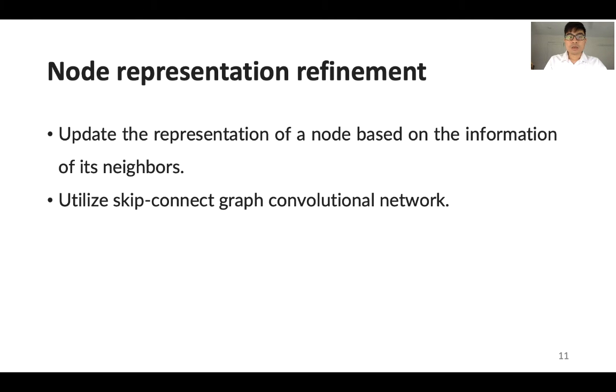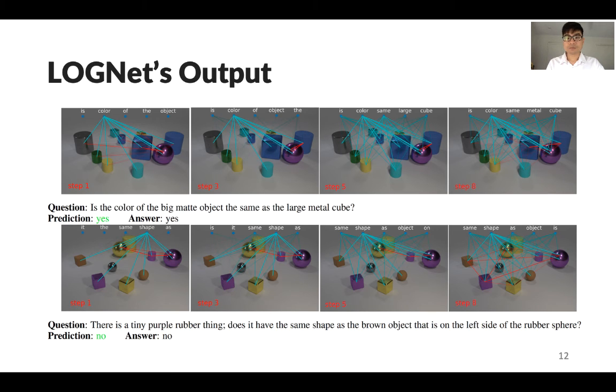For the node representation refinement, we use a graph convolutional network to refine the representation of visual objects based on the connection with its neighbors. And we also utilize the skip connection trick that allows stacking more layers due to its robustness against gradient vanishing, similar to the bottleneck block in ResNet.